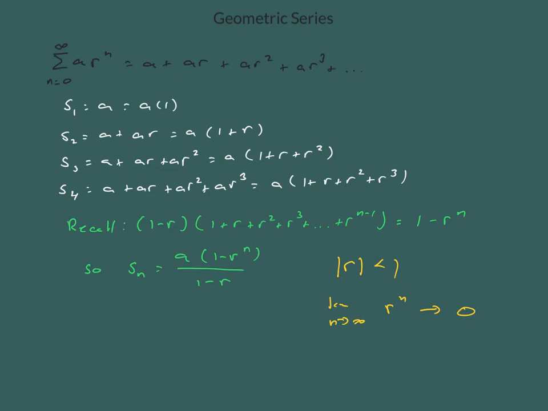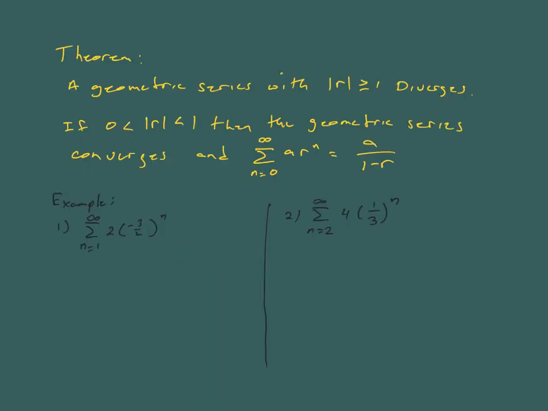And so if the absolute value of r is less than 1, the limit as n approaches infinity of S sub n, which equals a times 1 minus r to the n over 1 minus r, is going to go to a over 1 minus r. This now gives us our theorem.